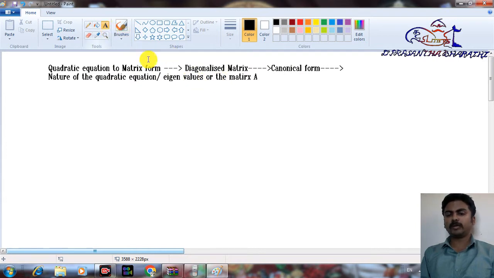We want to study the nature in three different cases, and there is one special case using signature, index, and rank also. Today's class we are going to discuss only these three.